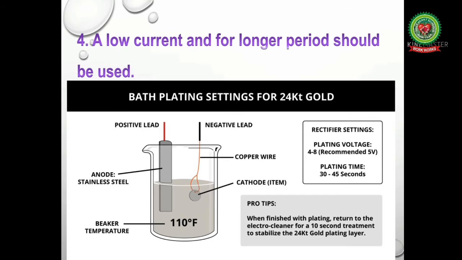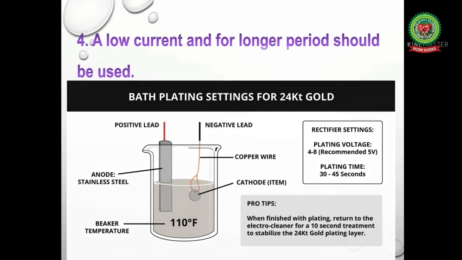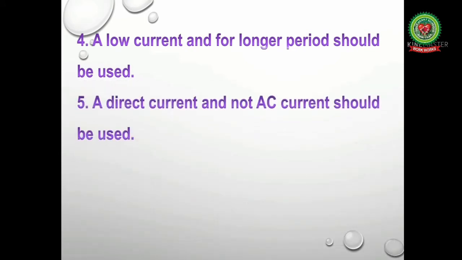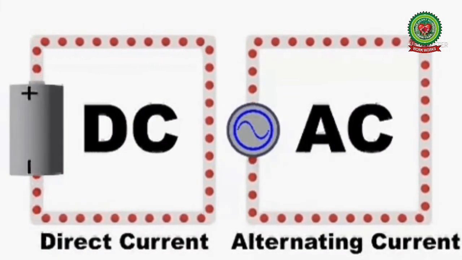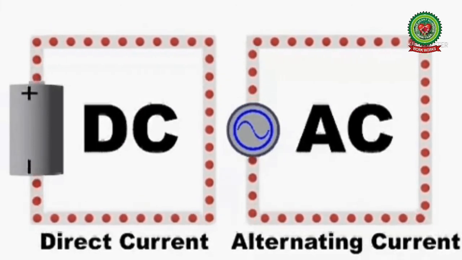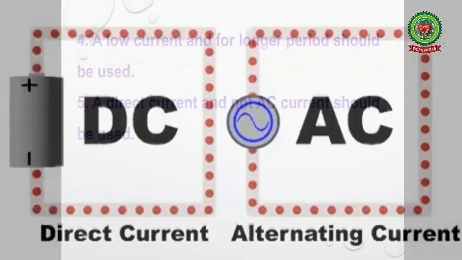Thus, longer time and low current initiates a thicker uniform deposition. The fifth condition is a direct current and not alternating current should be used. Alternating current causes discharge and ionization to alternate at the cathode, thus giving no effective coating.